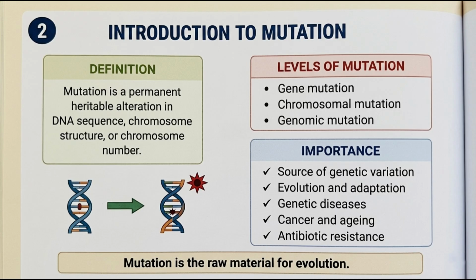Harmful mutations may lead to genetic disorders, metabolic defects, or cancer. Neutral mutations usually do not affect phenotype significantly. Mutations generate genetic variability, which is essential for natural selection and evolution. At the molecular level, mutations alter genotype and may alter phenotype.